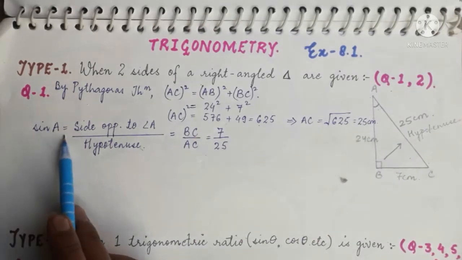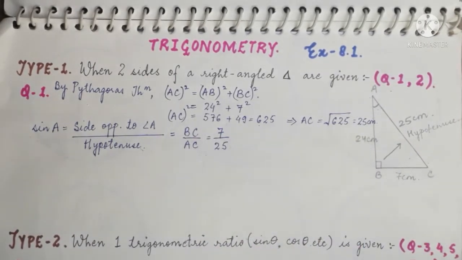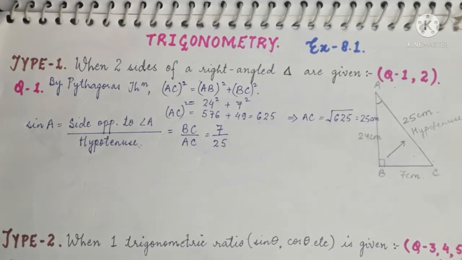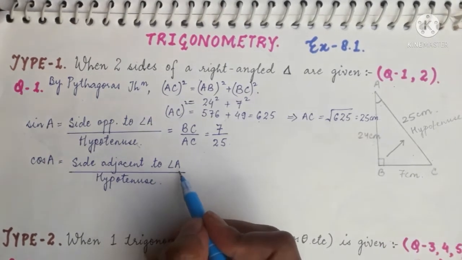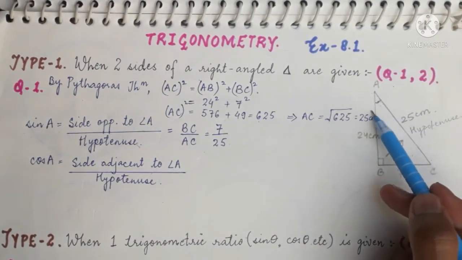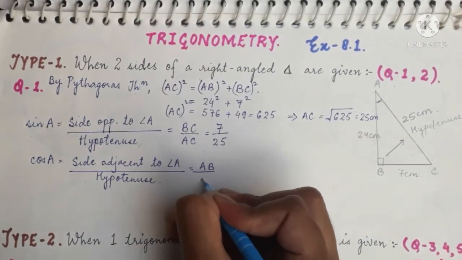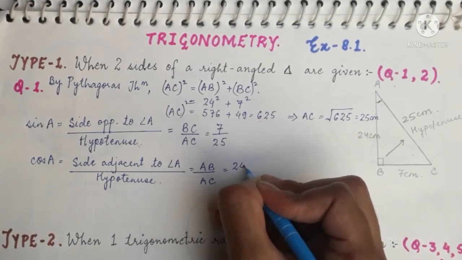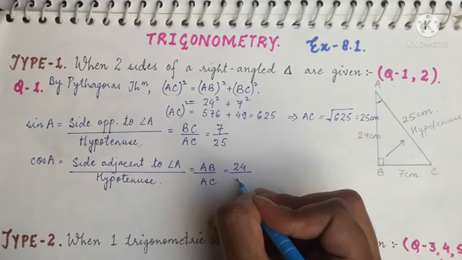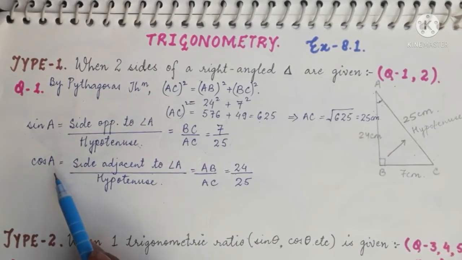Sin A is equal to 7 by 25. Let's find cos A. Cos A is side adjacent to angle A upon hypotenuse. The side adjacent to angle A, that means the side next to angle A, is AB and the hypotenuse is AC. Substituting the values, AB is 24 cm upon AC is 25 cm. So this is the value of cos A.